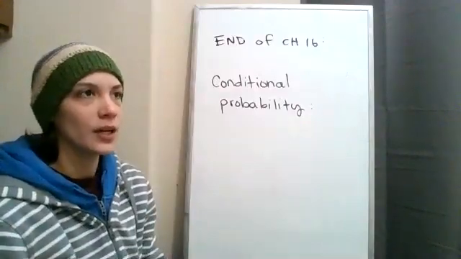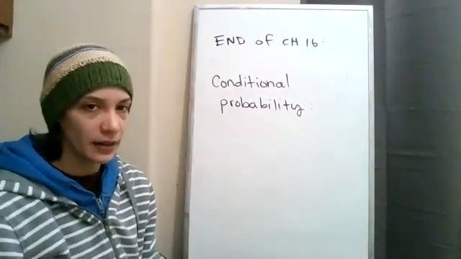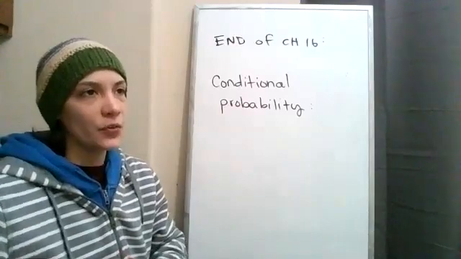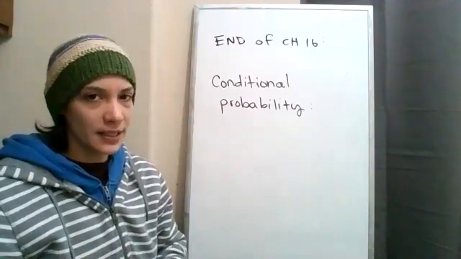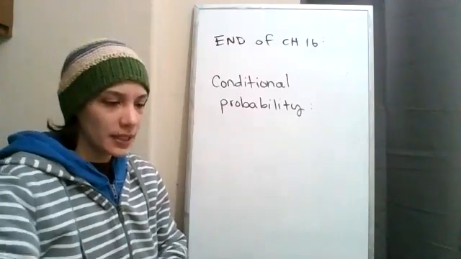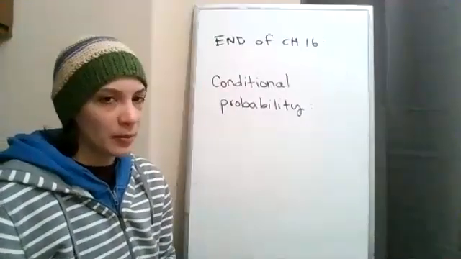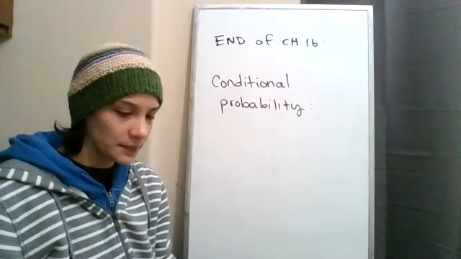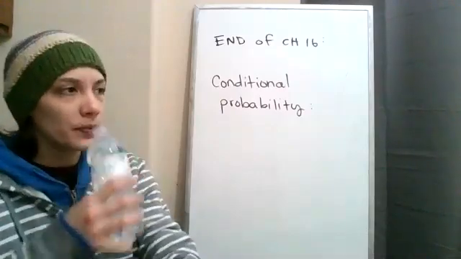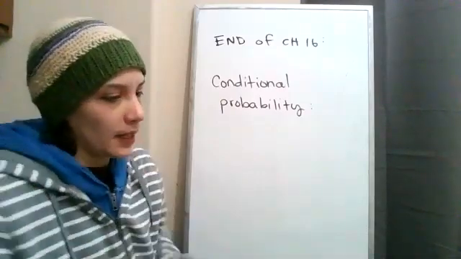So you know that some event has already happened, and then you find the probability of another event. So you're given extra information, and it will change the probability of the event that you're interested in. Okay.